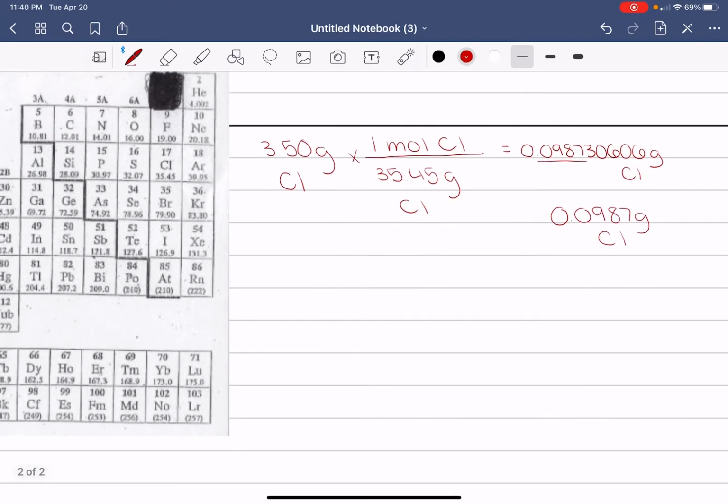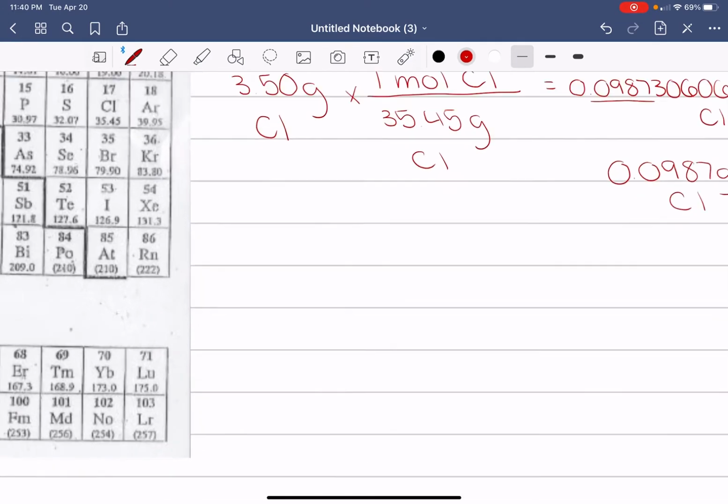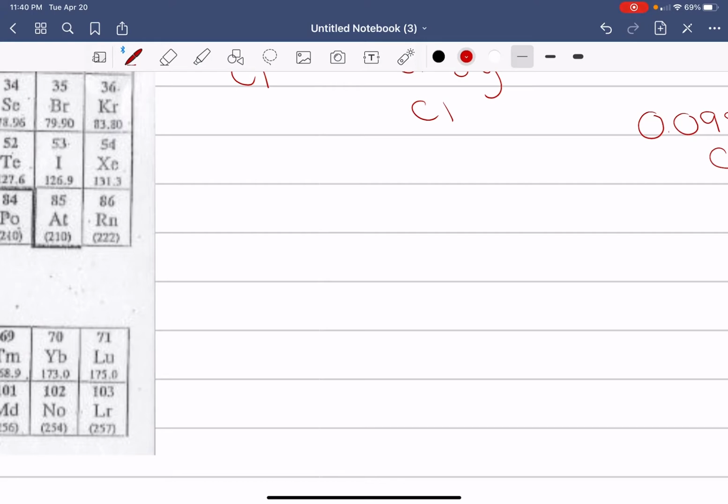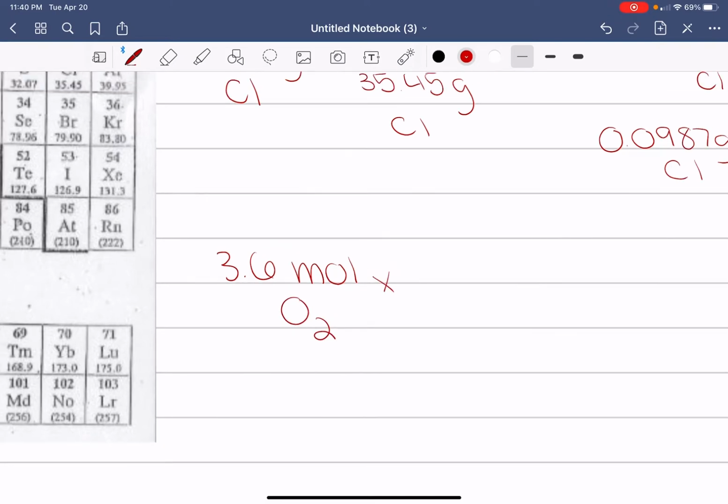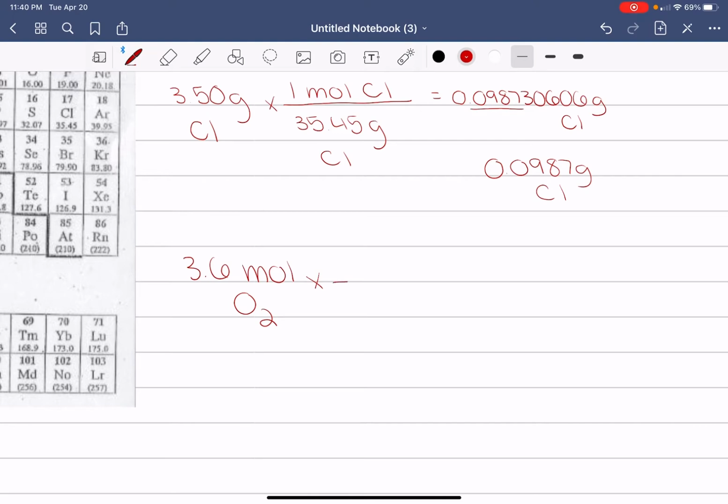Our next example will be if you had, say, 3.6 moles of O2. For this, you would want to put 1 mole of O2 at the bottom to get grams.